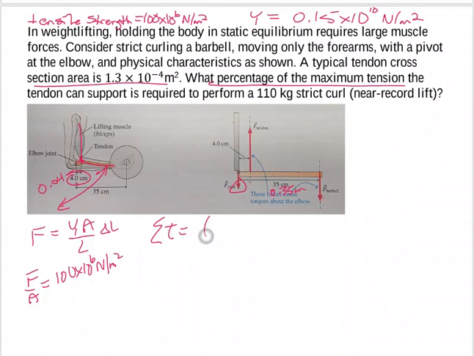And that's all negative because it's operating in the negative direction. This guy is trying to get us to go clockwise, so this one's negative. And then the weight of the barbell would be 110 kilograms.